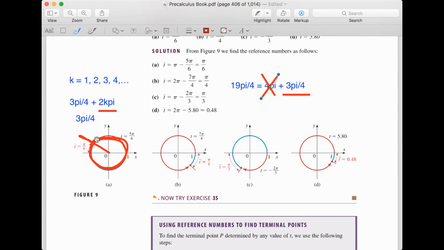I can keep running, but I'm still talking about this same point. So we just ignore even pi's. If we can reduce the angle with the even pi's, we just ignore them, because even pi means we're running around circles. We end up at the same point, because 2 pi is one circle.